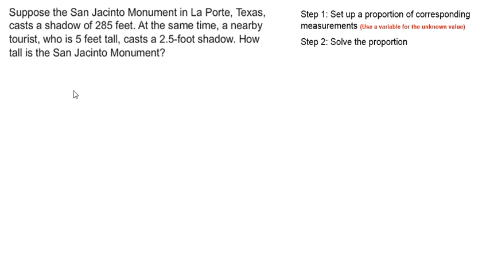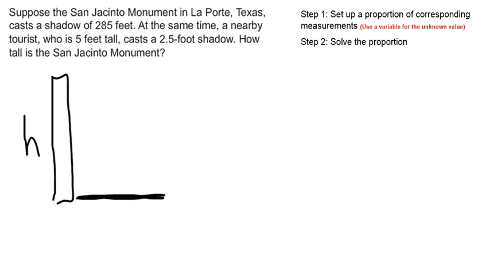Okay, so if you need to draw pictures for this, that's perfectly fine. Let's just say that this is the monument right here. We don't know the height, so we're just going to call it h, but we know that the shadow that it casts is 285 feet. And then, we're going to talk about the tourist, and we're just going to make a little guy right here.